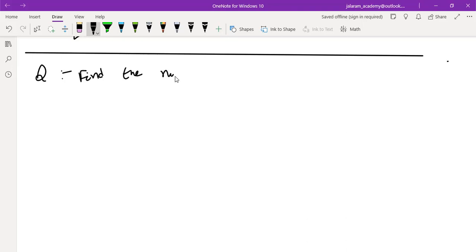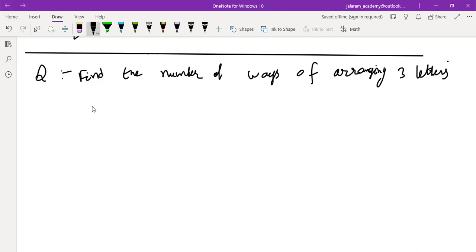Find the number of ways of arranging 3 letters from 5 letters A, B, C, D, E if repetition is not allowed.